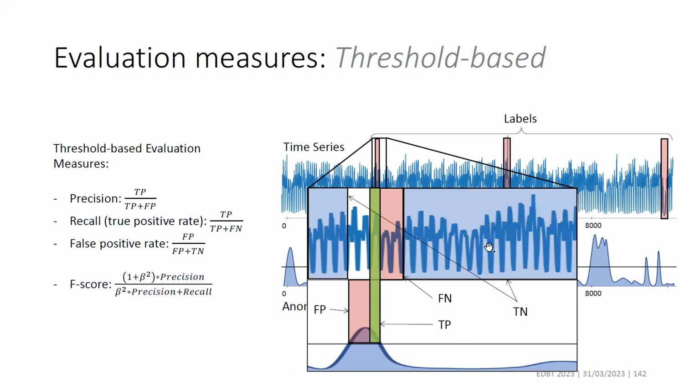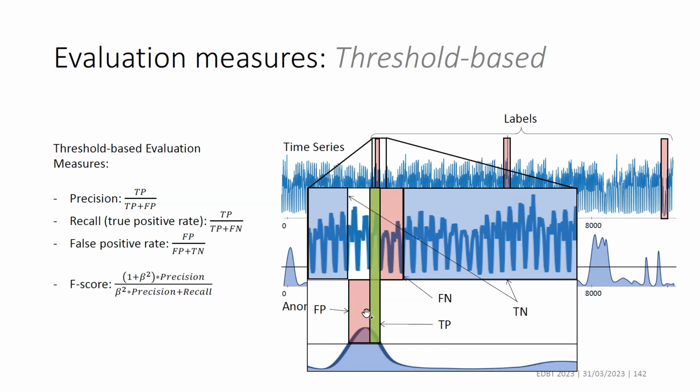And with all these values, you can compute measures that take the best of both. You can compute the precision, which is the ratio of correctly detected anomalies among all the detections made. The recall, which is the ratio of correctly detected anomalies among all the anomalies.